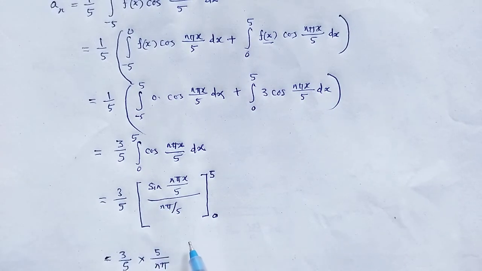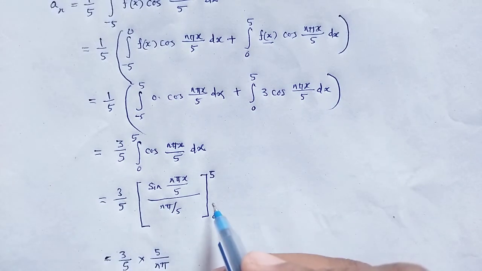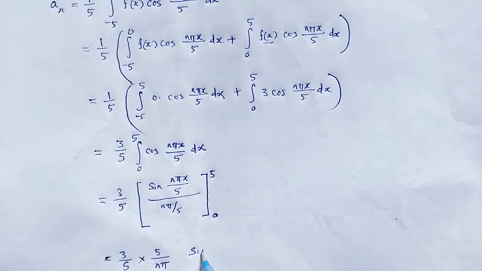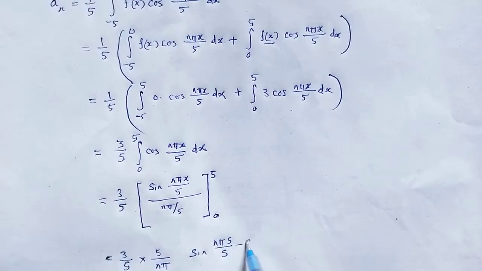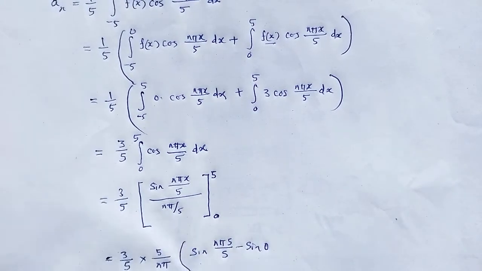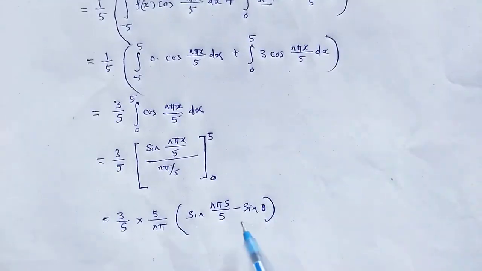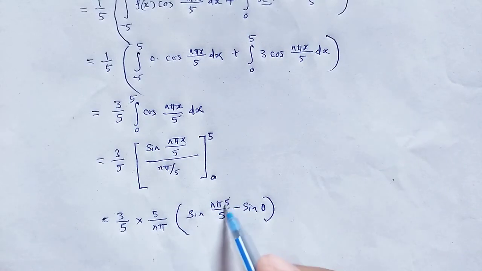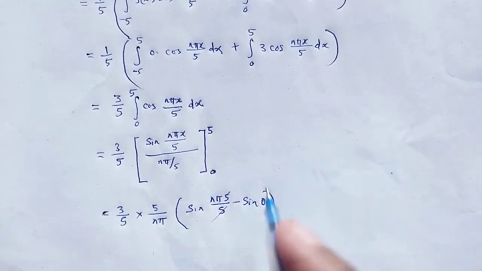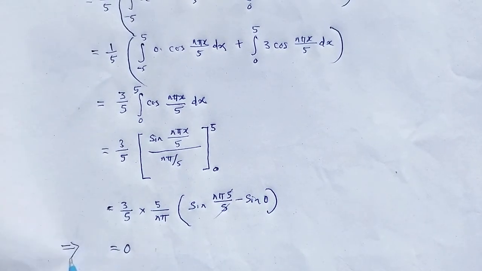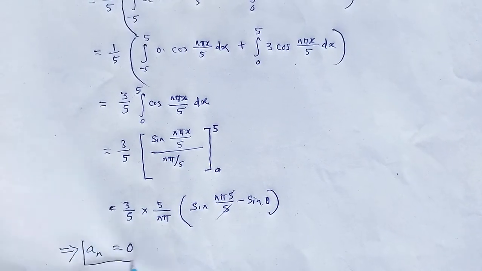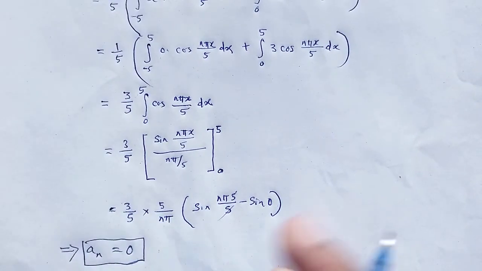Putting the upper limit and lower limit, the value will be sin n pi 5 by 5 minus sin 0, that is sin of n pi, which is 0, so that term is 0, which implies an is equal to 0.